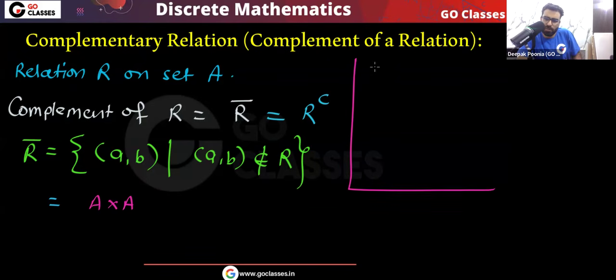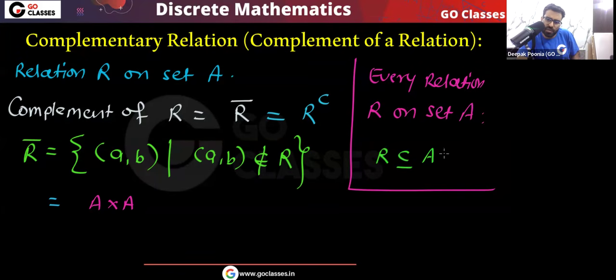This concept we already know, that every relation R on set A is a subset of A cross A. And remember, every subset of A cross A is a relation on A, and every relation on A is a subset of A cross A. So this A cross A is called the universal relation.